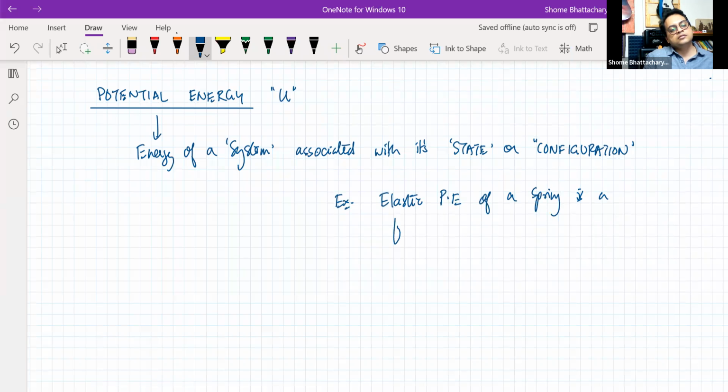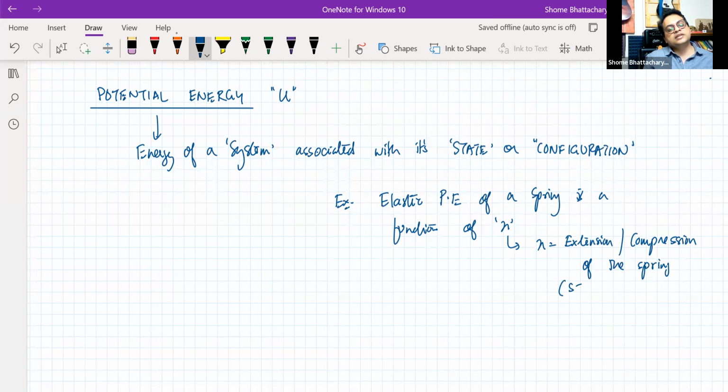is a function of x, where x is the extension or the compression of the spring. That in a sense is the state of the spring. What exactly the formula is we'll discuss very soon, but this is what it depends on.